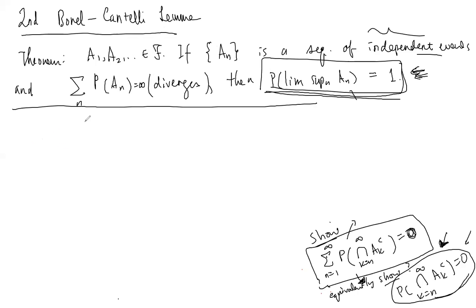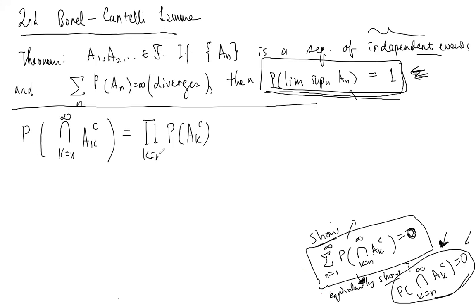Okay, now P of this is equal to the product of the individual probabilities by hypothesis, right? Note your hypothesis here. Your A_n is a sequence of independent events.